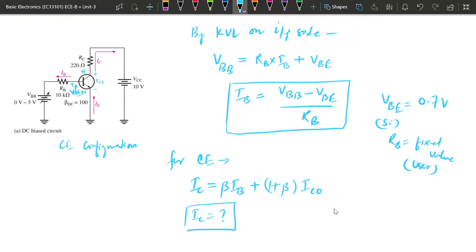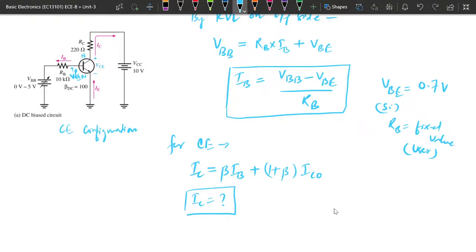Okay, so by using KVL at the output side, we can get VCC minus VCE divided by RC equals IC.